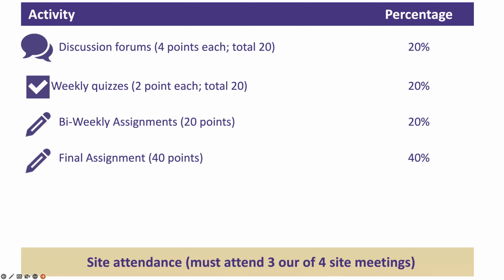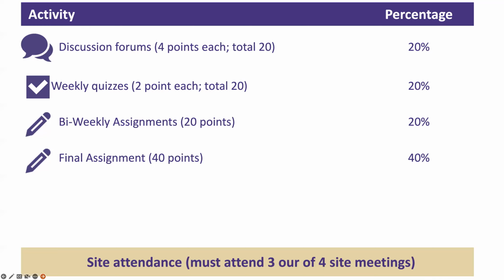And if you are part of a site group in this course, your site group is required to host a minimum of 4 site meetings, although many sites host more than 4 site meetings. The participant attendance requirement is that you attend at least 3 out of the 4 meetings offered by your site, which can include this orientation session.